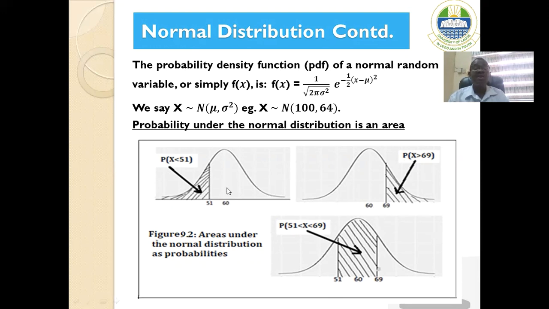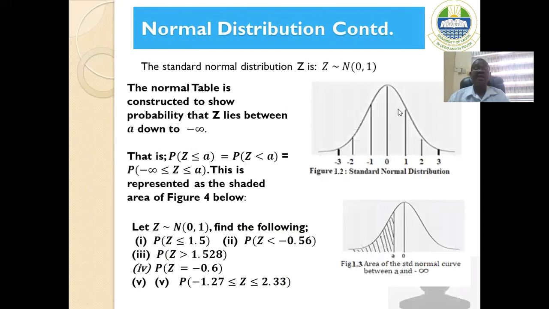It's always probability that x lies in an interval. Here, the interval is below 51 to minus infinity. Here, x lies from 69 to plus infinity. Here, x is constrained within 51 to 69. We've just explained what probability under the normal distribution looks like.